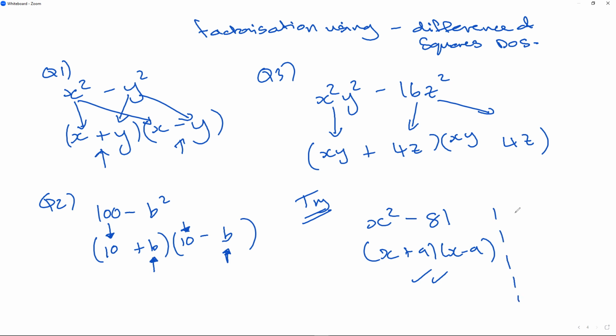What happens if I've got x squared y squared minus 1? If I can fit it in there. Try that. Yeah, that's right. It'll become xy minus 1, xy plus 1. Perfect.